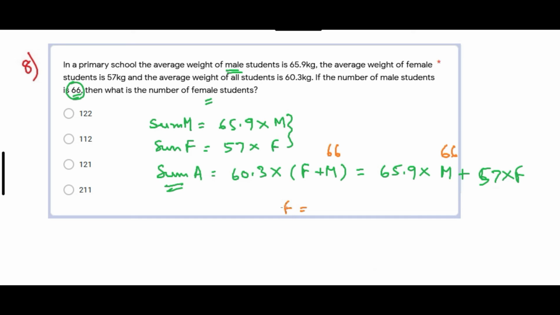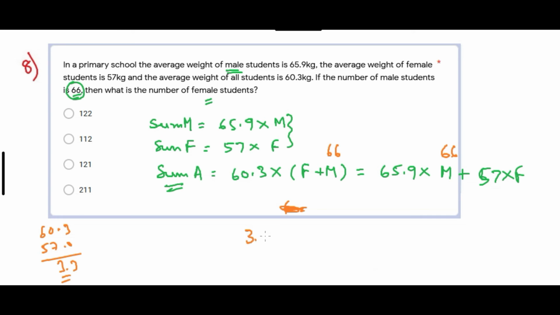So the number of female students will be, let us solve this. It's very easy. 60.3 into F plus 66 is equal to 57 F plus 66 into 65.9. First, 60.3 minus 57 is 3.3.